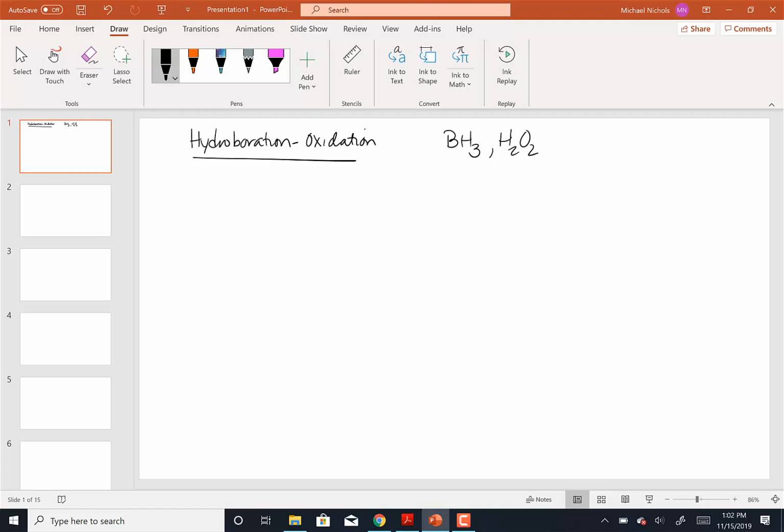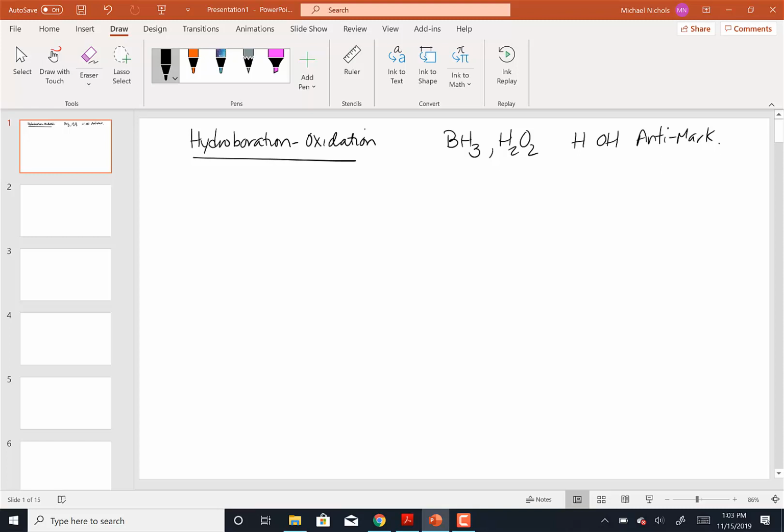The three questions are, what am I adding? I'm going to end up adding an H and an OH. How am I going to add that? I am going to add that anti-Markovnikov. In other words, what we saw on Wednesday was the hydrogen goes to the carbon in the double bond with the most hydrogens, and the other group goes to the other carbon.